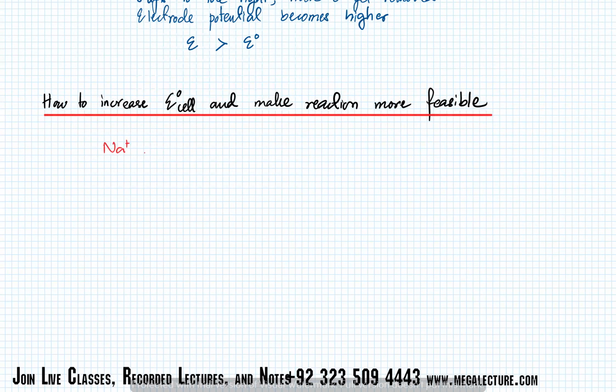So it was Na plus one electron. That was one of the electrodes. Na, the E naught was कितना था? Minus 2.71 volts. The other one was the chlorine plus 2 electrons, 2Cl minus 1 electrode. And that E naught was 1.36 volts.